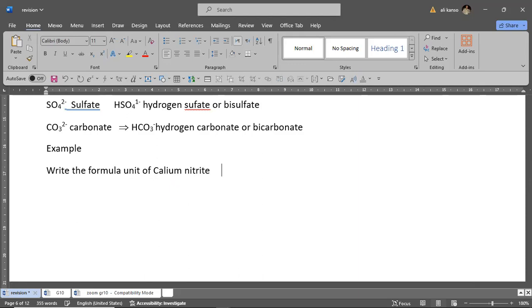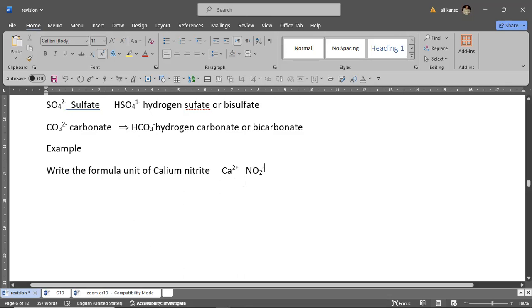You have to know the calcium symbol and its charge, and what nitrite is. Nitrite is not one atom. It is polyatomic. It is NO2, not NO3, and NO3 is called nitrate.